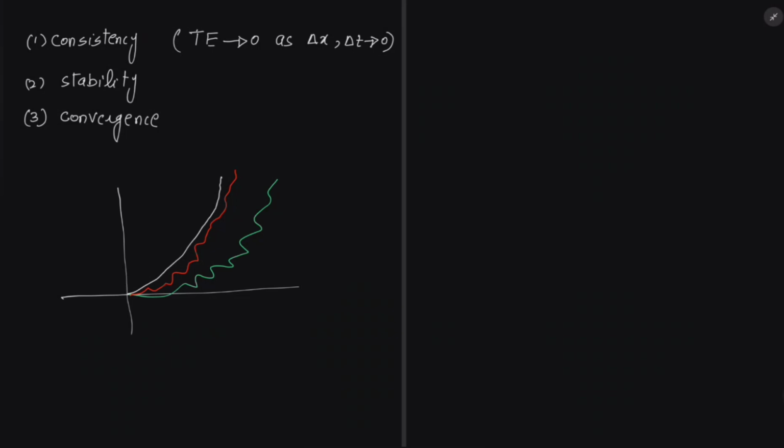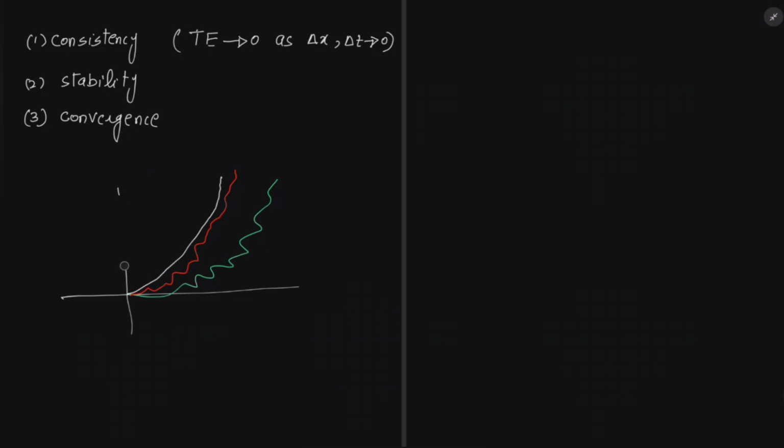So we need to find out a way to determine whether the numerical method gives you oscillations or is stable. This was the second criterion.